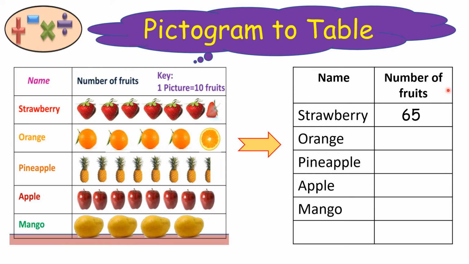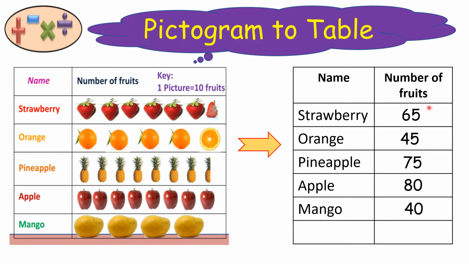Under orange, we have 45. Under pineapple, we have 1, 2, 3, 4, 5, 6, 7, then a half. So we have 75. Under apple, 1, 2, 3, 4, 5, 6, 7, 8. We have 80.